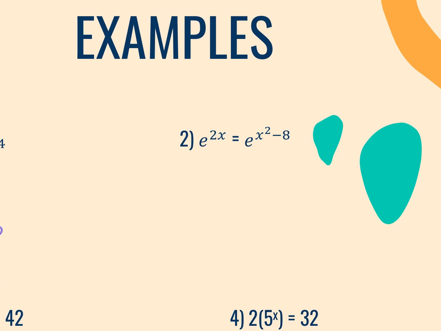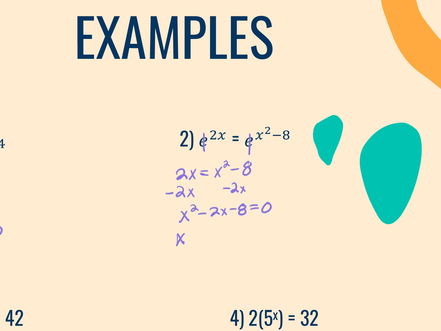All right, let's do the exact same thing over here. I see an e and an e, so we can simply cross them out and then solve whatever equation's left over. This is just 101 property. You guys have done this probably 100 times at this point. So we get 2x equals x squared minus 8. Let's subtract 2x on both sides, and so we get x squared minus 2x minus 8 equals 0.